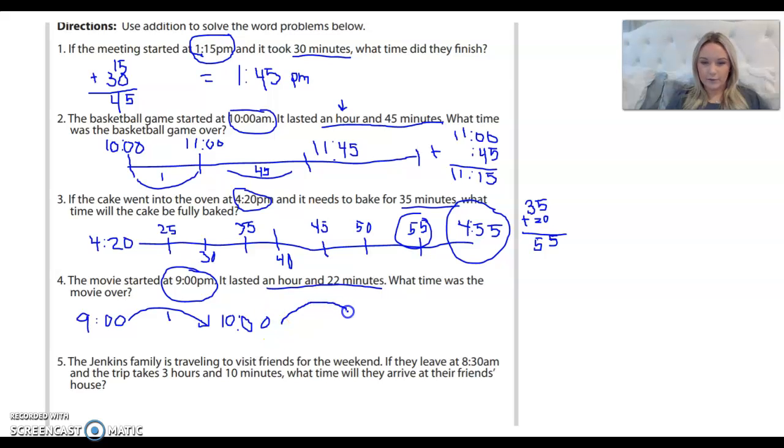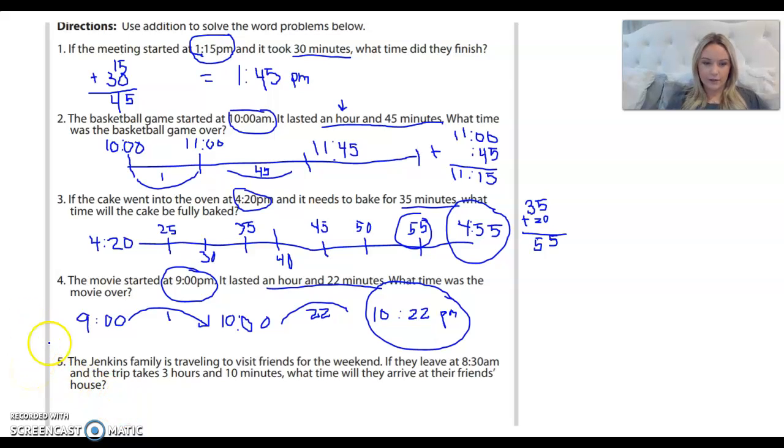So if I jump 22 minutes, I'm still in the 10th hour. So that would be 10:22. I can't forget my PM. That's what time the movie's going to end. 10:22 p.m.